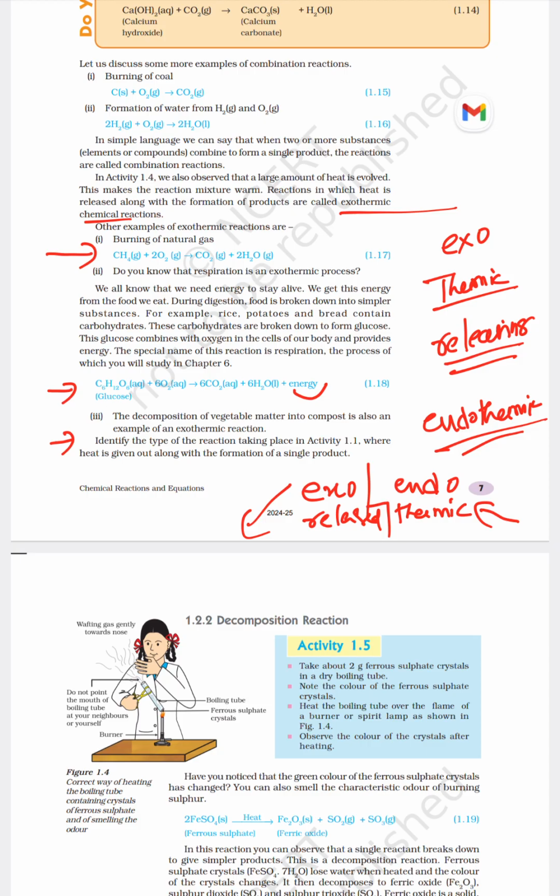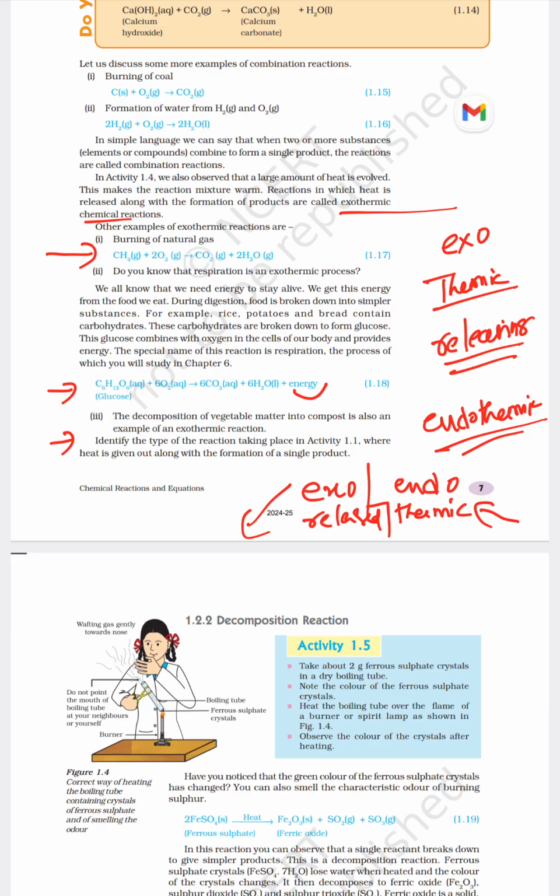In the digestion process, food is broken down into smaller substances. Whatever food we take will be converted to form glucose. This glucose will combine with oxygen in the cells. In our cells we have oxygen that is supplied by our heart. Heart and lungs help to get oxygen to each and every cell. You know that, right?